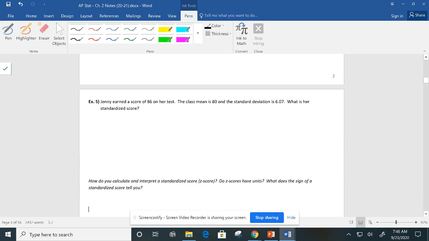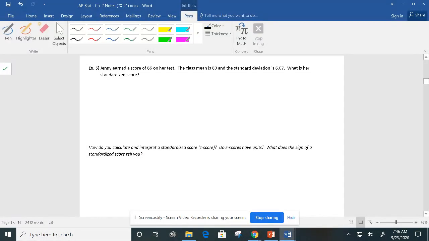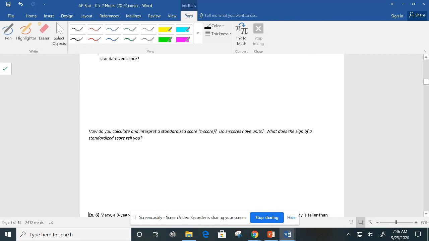Another example that we'll look at in class, but let's talk about how to interpret a z-score if they have units and what the sign tells us.